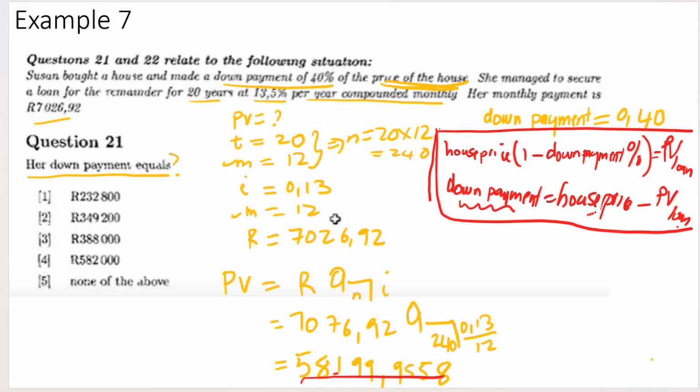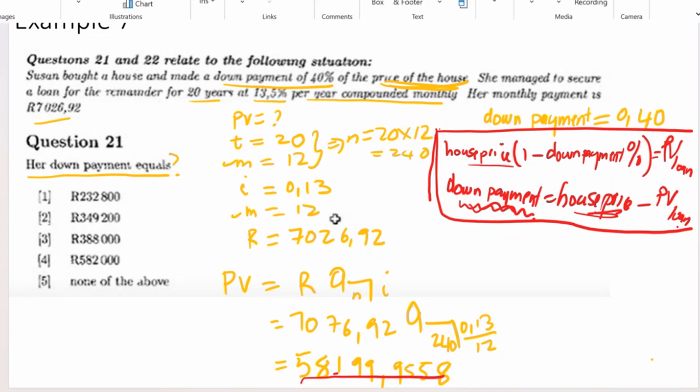We want the original price, then we subtract the down payment to get the actual loan, which is this formula. Before we get the down payment, we don't have a house price, but we can get the house price from formula number 1.